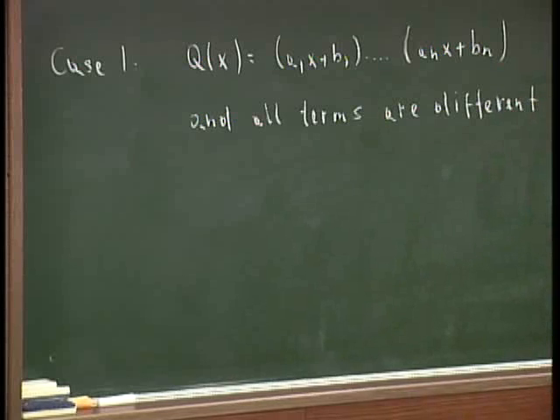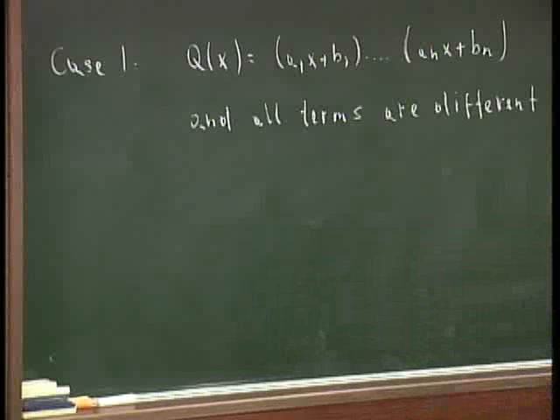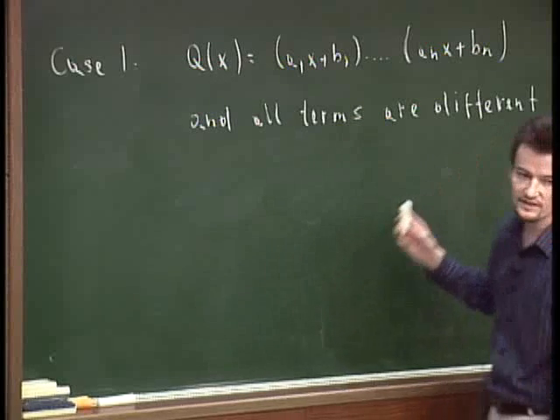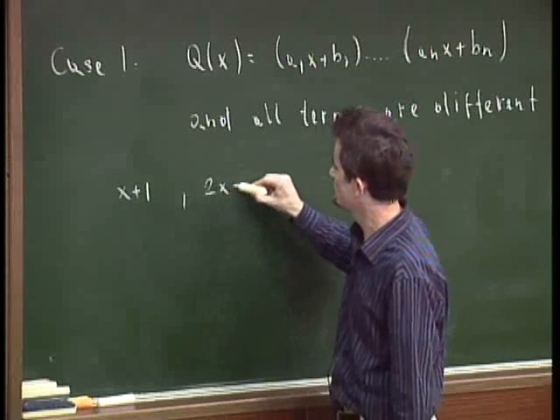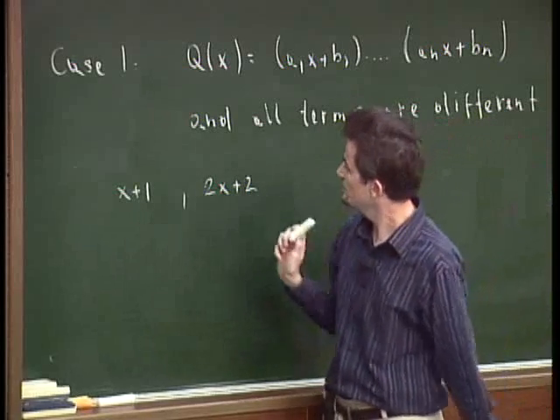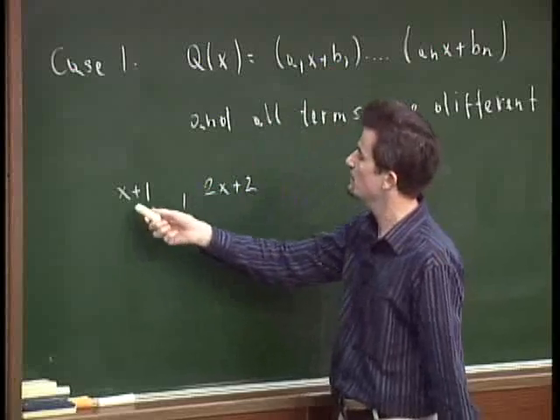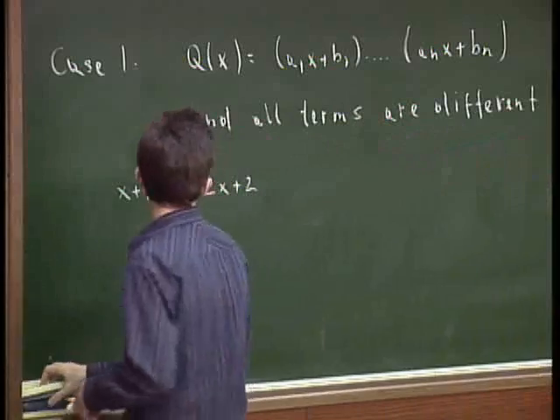So this is the first case. So you can write q of x as a product of linear polynomials, and all the linear polynomials occurring are different. Here, if I say different, for instance, this polynomial and this polynomial are the same for me. So different here means if you have two polynomials and you can multiply one to get the other, they are the same. So this is what I mean here by different.